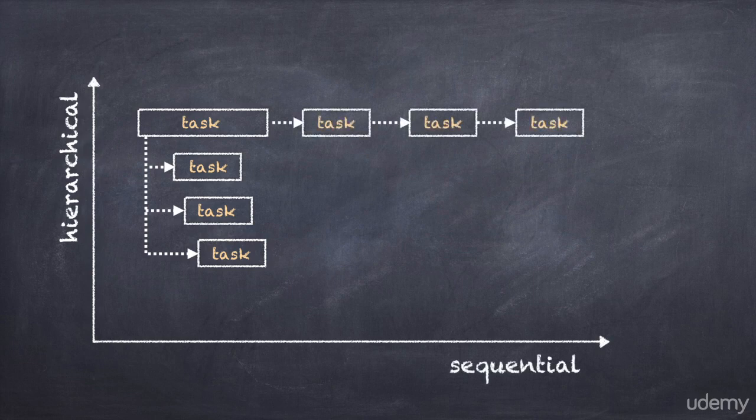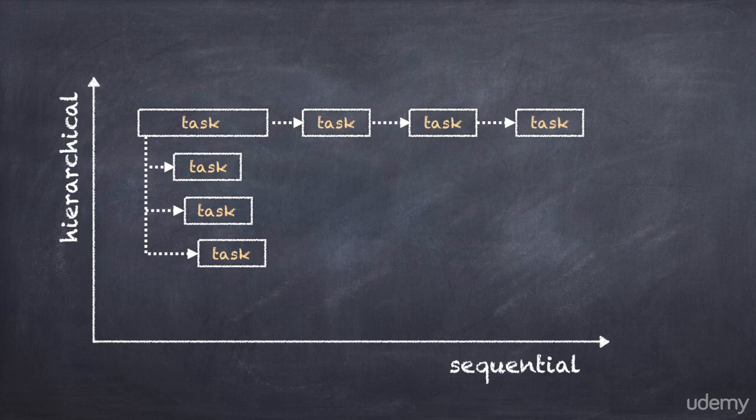And the other dimension is sequential. Sometimes a task consists of a discrete number of steps that have to be performed in a specific order. For this scenario, you can link tasks together into so-called continuations, sequences of tasks that execute one after another.